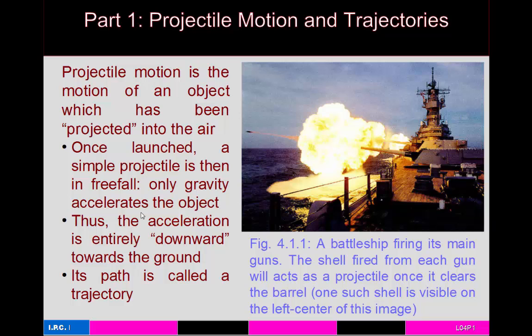And so in the case of that snowboarder, or in the case of this shell that's being launched from the battleship, once the snowboarder jumps and leaves the ground, once the shell has left the barrel of the cannon, then the only thing that is really influencing it is gravity, and maybe to a lesser extent some air resistance. And so at this point we have a projectile.